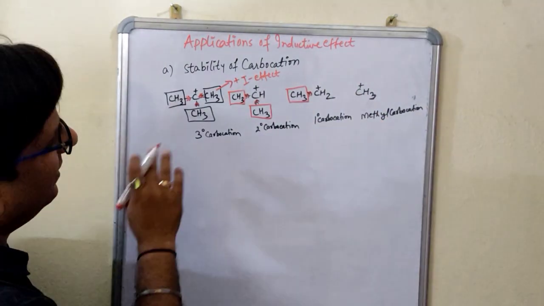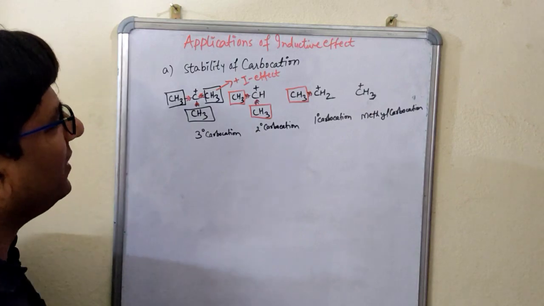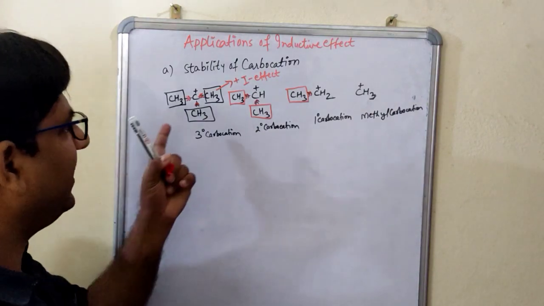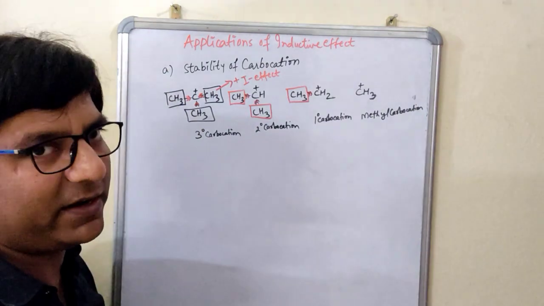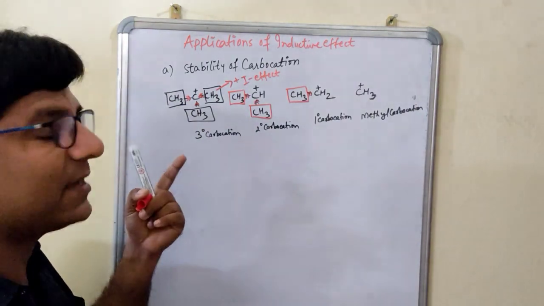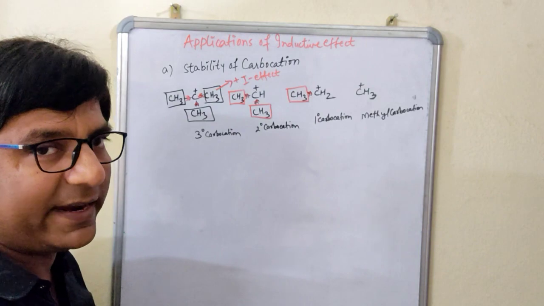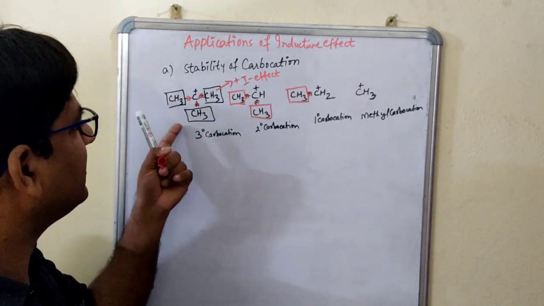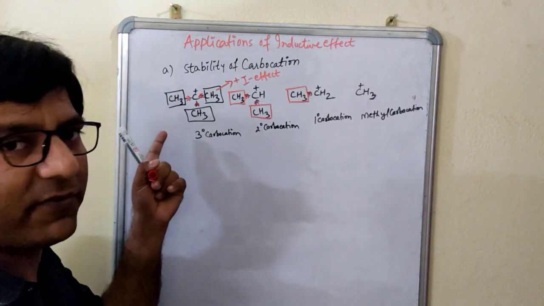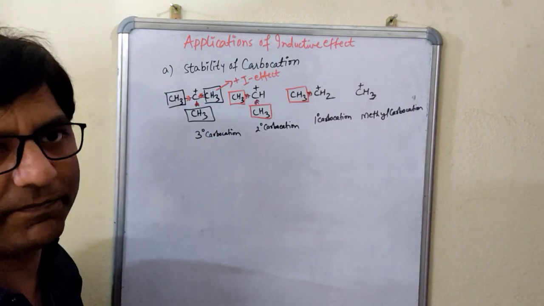Clear? Now, if I ask you what will be the stability order, because already I have told you how this carbon bearing a positive charge will attain the stability, and if it is attaining the stability fast, it will be what? If we want to arrange in the stability order, if this is attaining the stability fast, means this will be most stable, right?